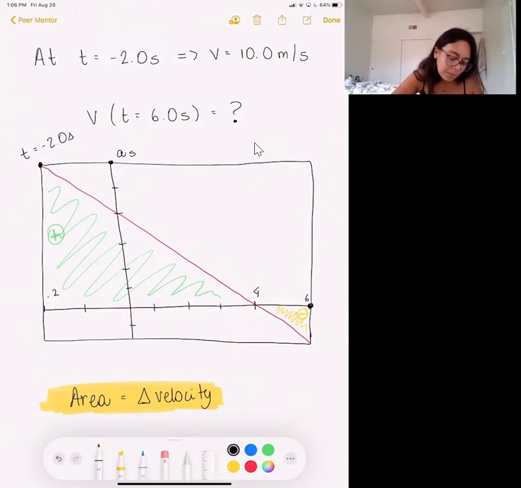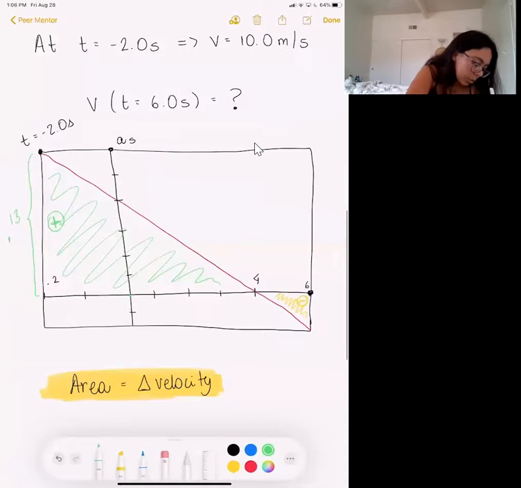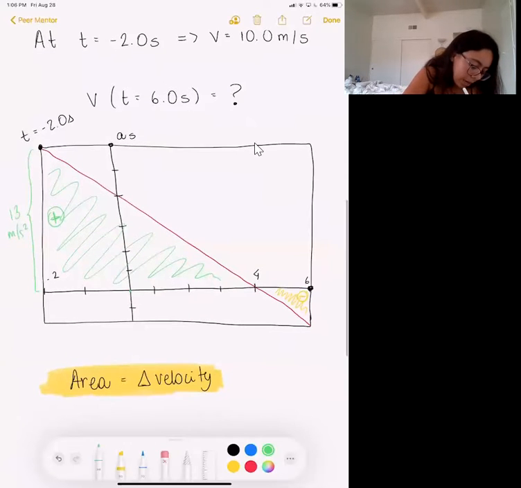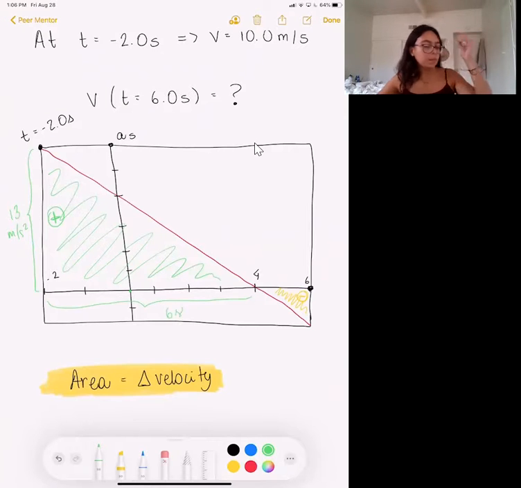We know that the height of the green triangle is 13, because from the origin to AS, that's 13. Each one of you was given a different scale, so just keep that in mind. So from here to here, this is 13 meters per second squared. And as the base, we have from -2 to 4, which gives us 6 seconds, right?